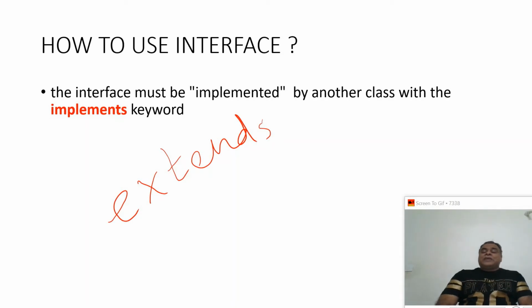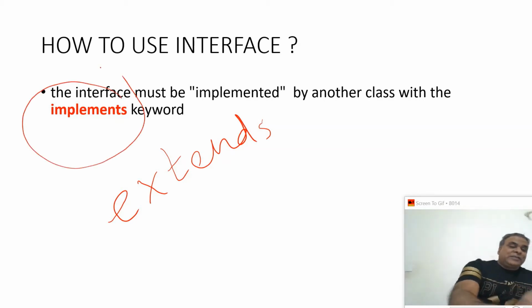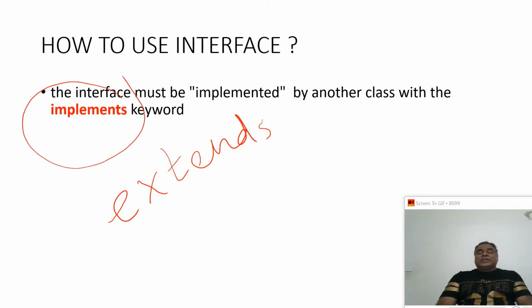Extends is used along with classes. One class will extend another class. You are familiar with that from the previous videos. So in the case of interface, we need to use implements. Implements is the keyword we use in the case of interface. Very important.